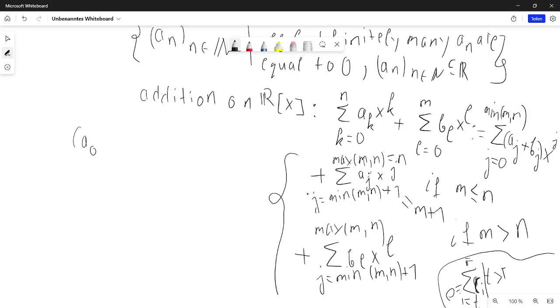Well, in what case would that be larger than that? Well, when min and max are just equal, the numbers are equal, and this would disappear. So it would make sense that we would only go to the number n or m. Doesn't matter because n is equal to m.